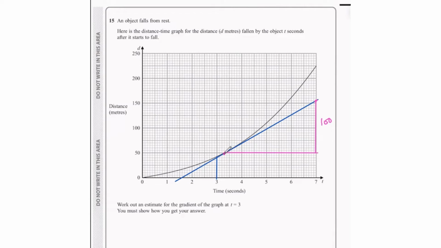And my run is that's 3.3. That is 7. So run is going to 7 minus 3.3, which is going to give us 3.7. So gradient is rise over run. That's 100 divided by 3.7. And that's going to give us 27.03. That is your estimate for the gradient of the graph at t equals to 3.